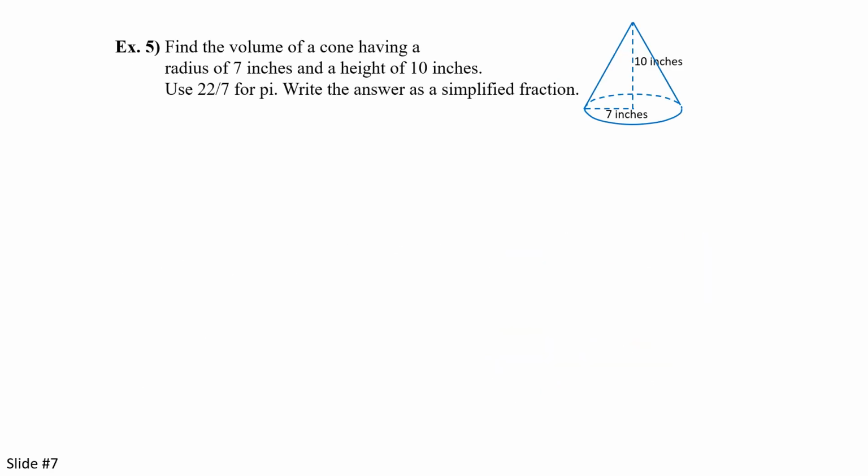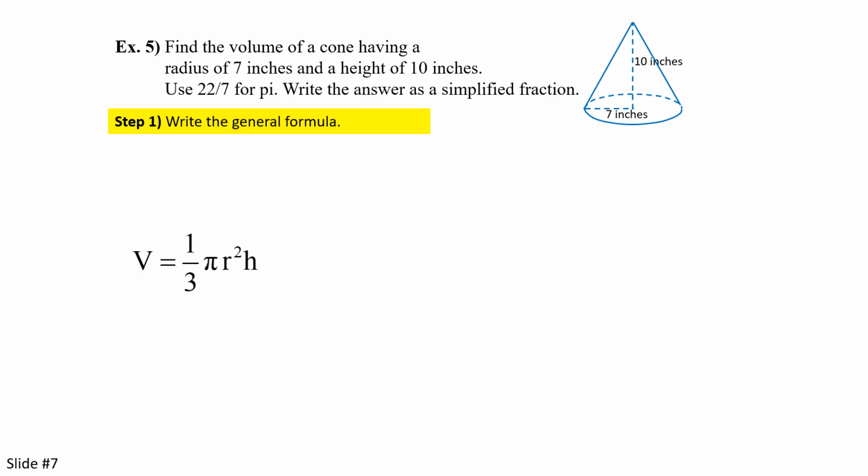Example 5. Find the volume of a cone having a radius of 7 inches and a height of 10 inches. Use 22/7 for pi. Write the answer as a simplified fraction. Step 1, write the general formula: 1/3 pi r squared h.